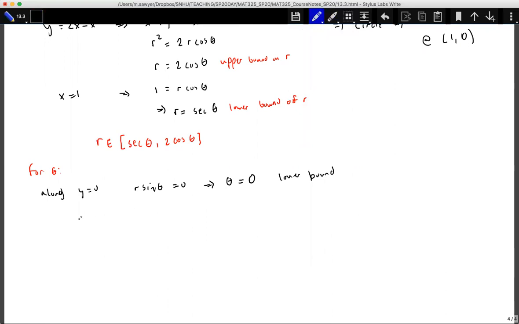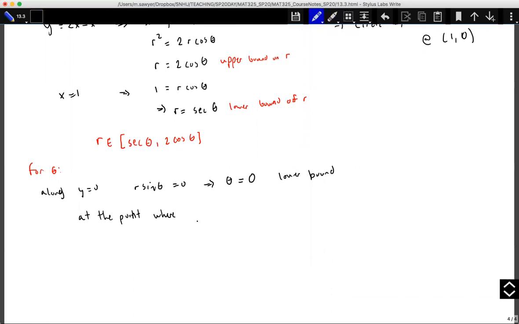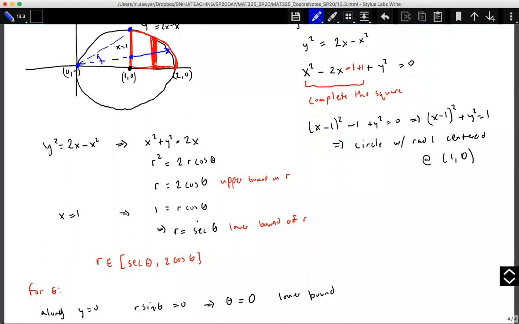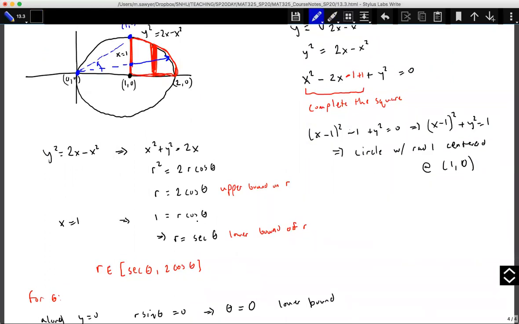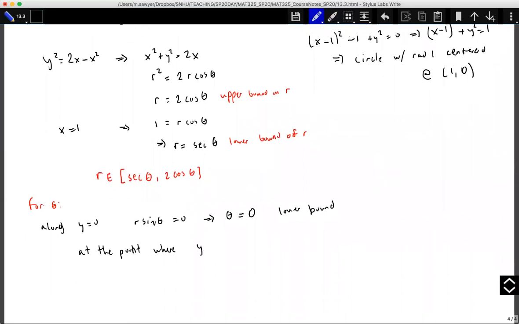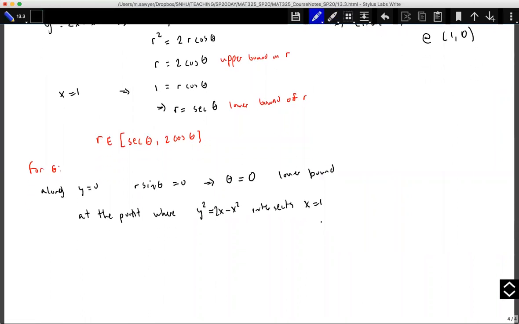So at the point that the two curves intersect, we can even verify this analytically. We consider where x equals 1 intersects y squared equals 2x minus x squared. That's at that point of intersection.